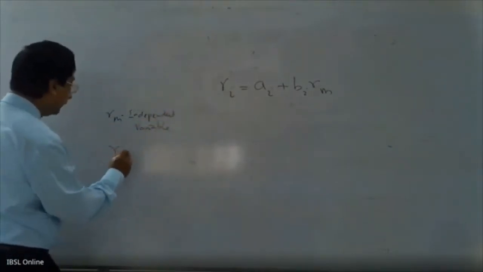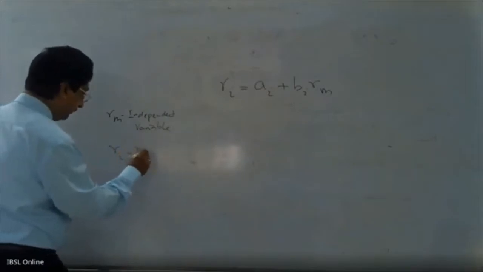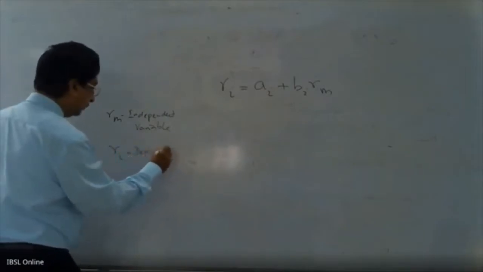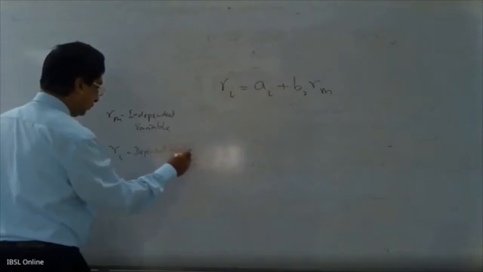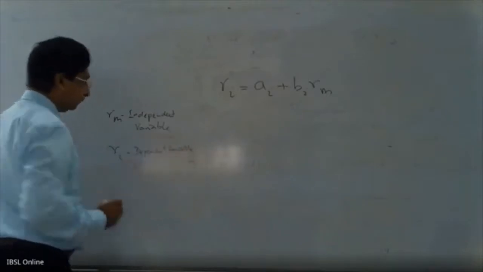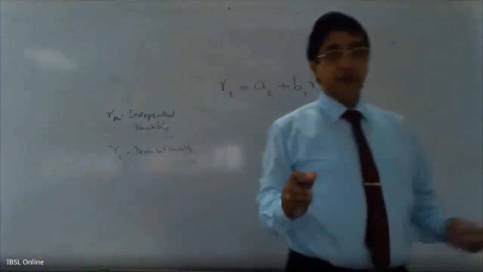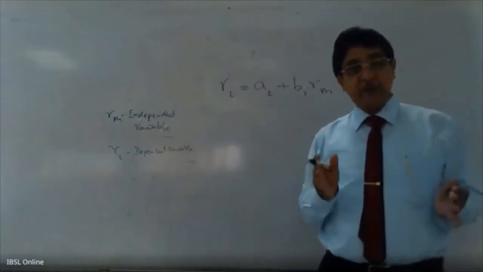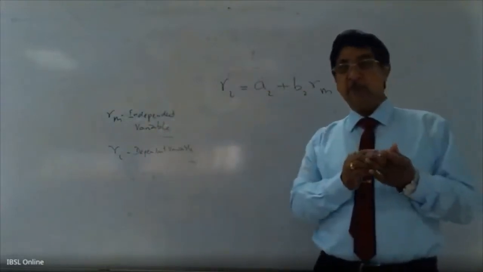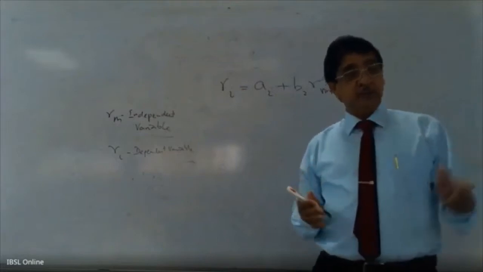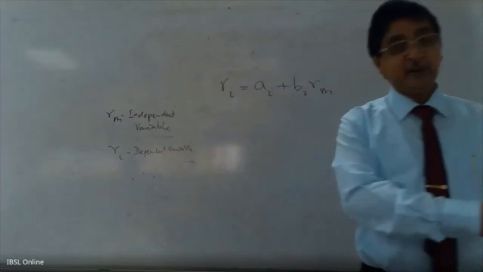Ri is the dependent variable. The meaning is, when you have a change in the market return, there will be a corresponding change in the stock return. That is what it means.